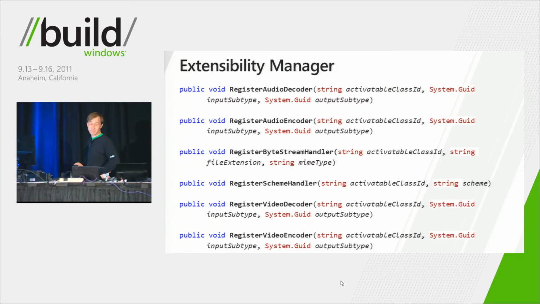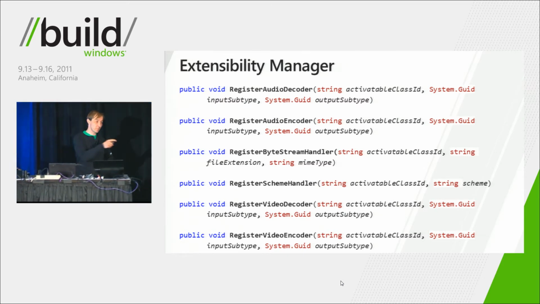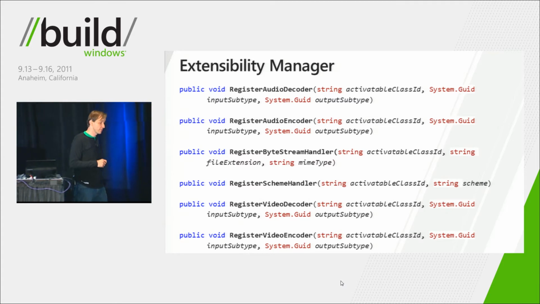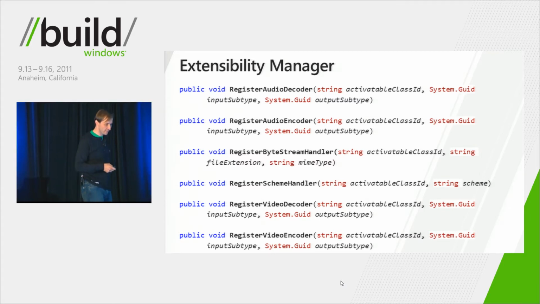So the extensibility manager, what we just did, we extended the system with the bytestream handler. There are actually other ways you can extend the system. All those things down there that you saw in the pipeline in the architecture diagram can be replaced by you. So you can plug in your own audio encoder or decoder.